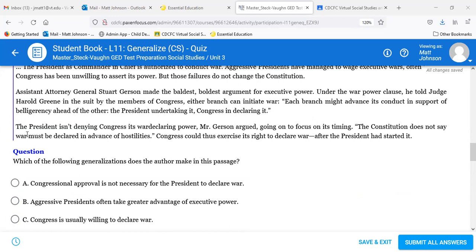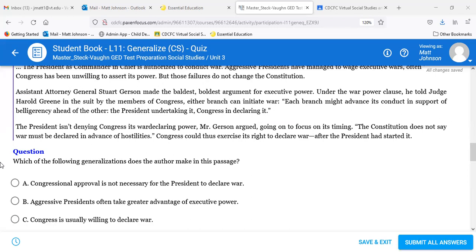Assistant Attorney General Stuart Gerson made the boldest argument for executive power. Under the War Power Clause, he told Judge Harold Green in a suit by members of Congress, either branch can initiate war. Each branch might advance its conduct in support of belligerency ahead of the other, the president undertaking it, Congress in declaring it.